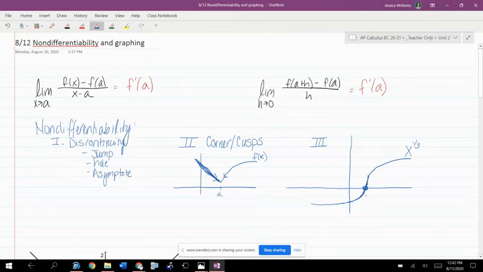At this instant in time, right here, these tangent lines on this side are not the same as these tangent lines on this side. It goes to infinity. And infinity is not a number, so you cannot find the derivative when you go vertical. These are called vertical tangents. So you cannot take a derivative at a vertical tangent or a corner or a cusp or any discontinuity.